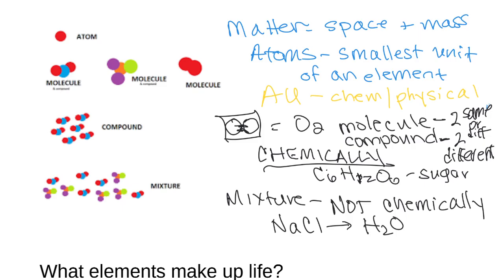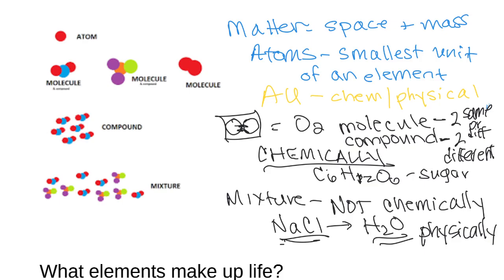I can physically separate the salt out of the water. So I'm not changing the water, really. The water is still H2O and the NaCl is still NaCl. I'm not creating new compounds. And I can separate them physically. All I have to do actually is boil the water. If I boil the water off, I'm left with salt. So that's what a mixture is.